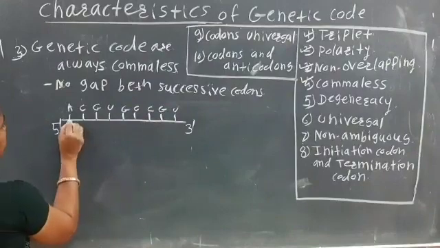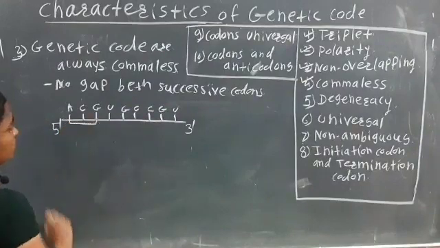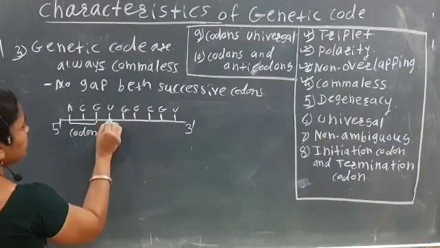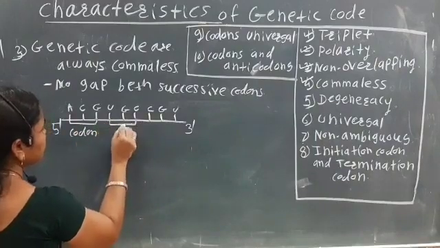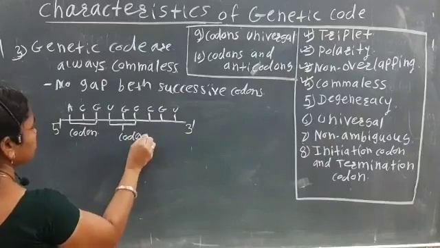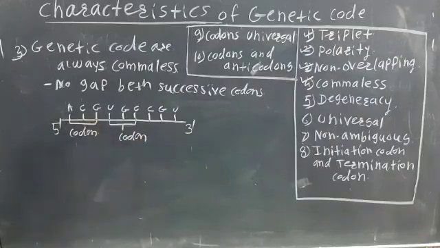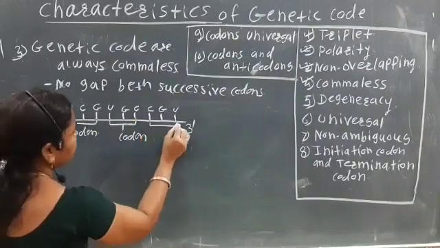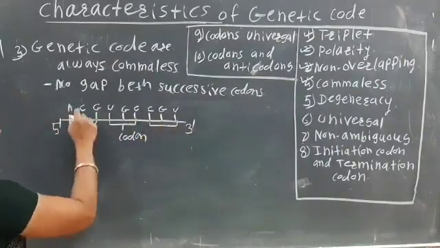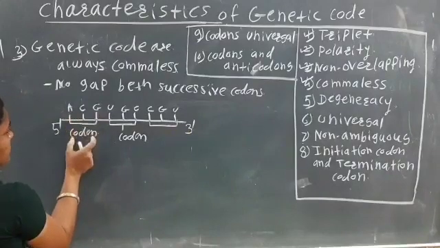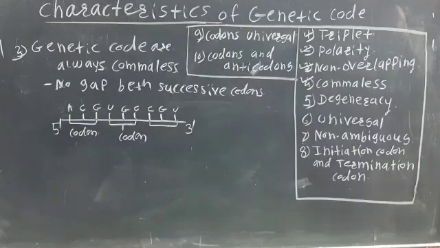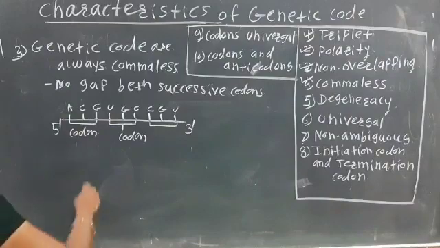So here the 3 successive nitrogen bases are one codon. Then again the 3 successive nitrogen bases are another codon. So this codon specifies one amino acid, this codon specifies another amino acid. These are known as the codon, but in the codon there is no gap. So no gap between successive nucleotides.